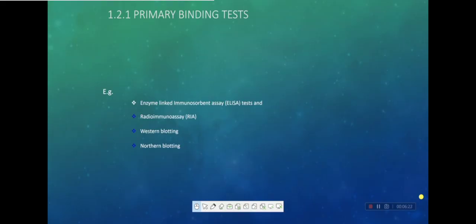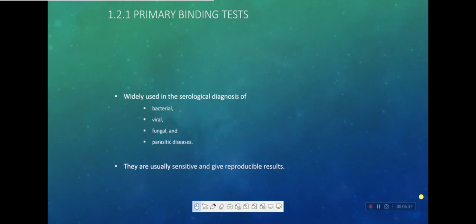The next ones are Northern blotting and Southern blotting. Fluorescence tests are also performed under primary binding tests. We are going to study all these listed tests in today's session, right, students? So what are primary binding tests?